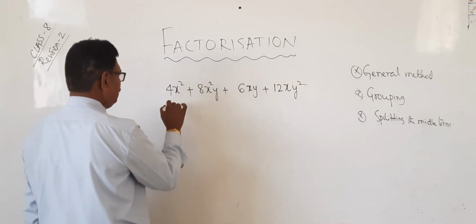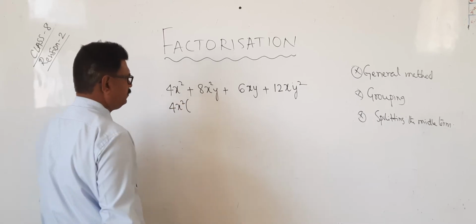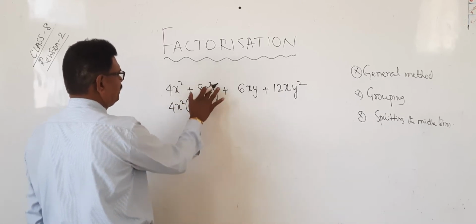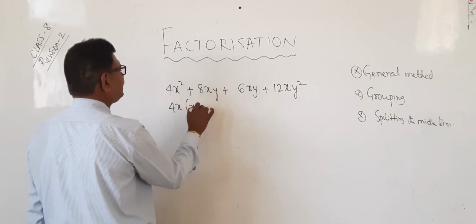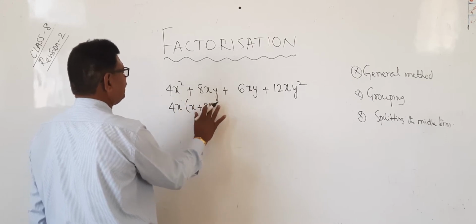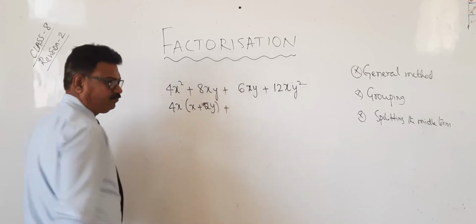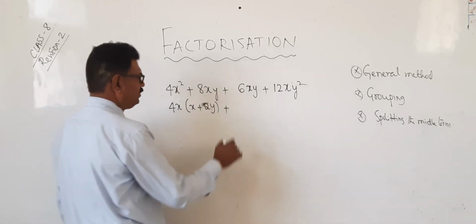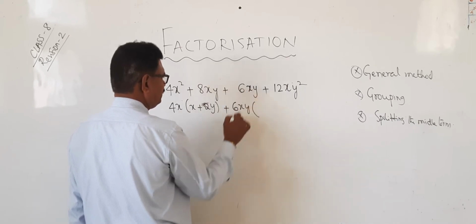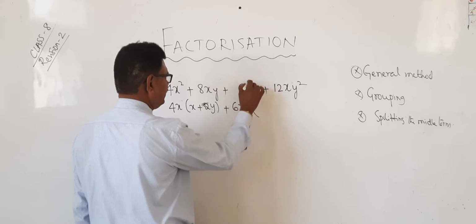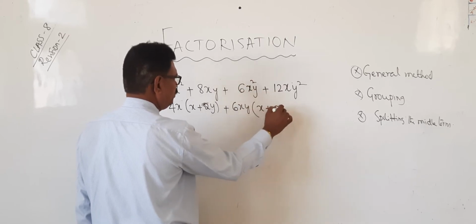We see now, first 4x square is common. If 4x is common, what is left? x plus 2y. In this, 6xy is common, so here x square, therefore x plus 2y.